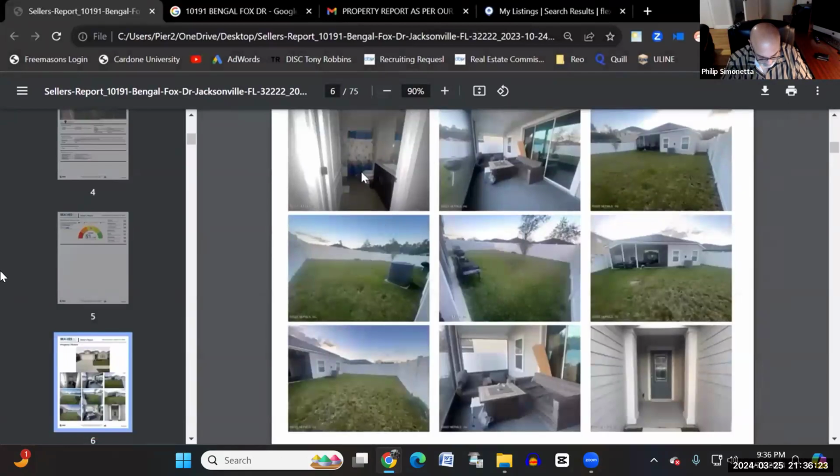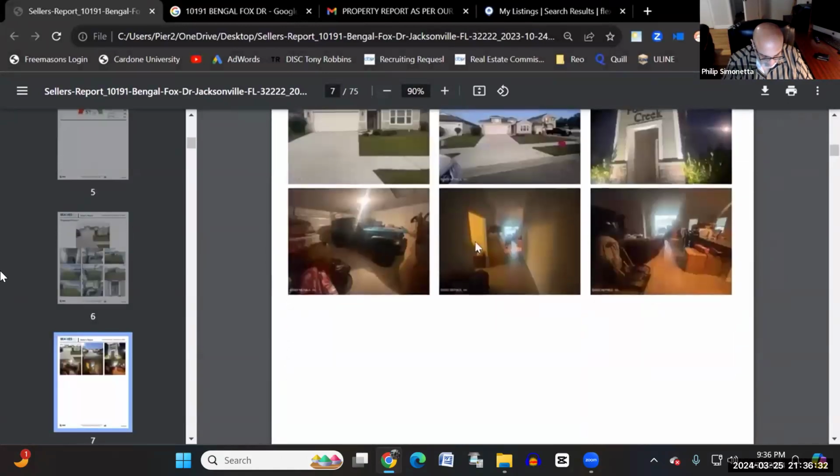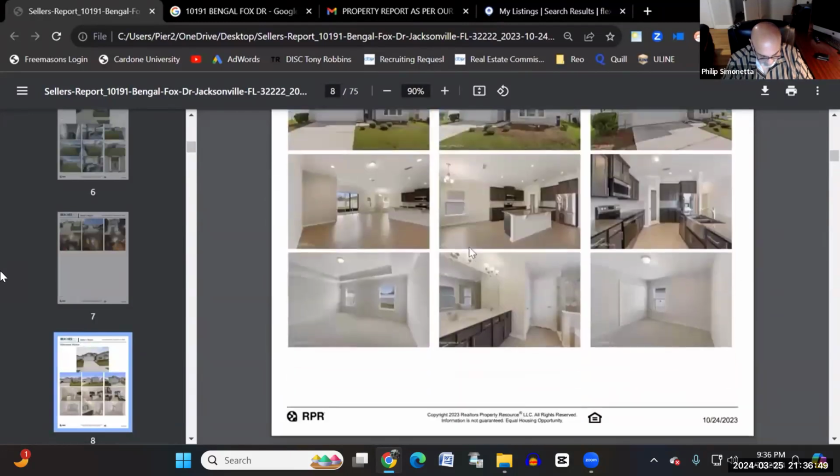You see the difference, like they were using a fish eye angle. Look at the difference in the colors. It's tough. You see how dark it is in here, they didn't have it lit up and they didn't use the right lenses. You can see the glare coming in from the window. When people see this, it stops them from wanting to come see it. So right off the bat, it's a little bit of a challenge for you.